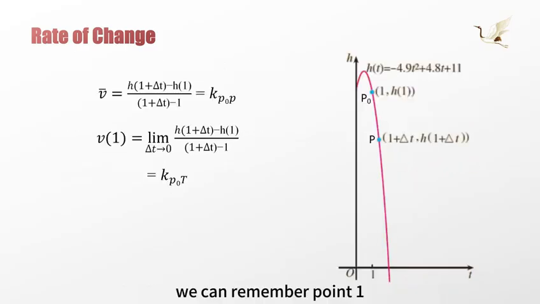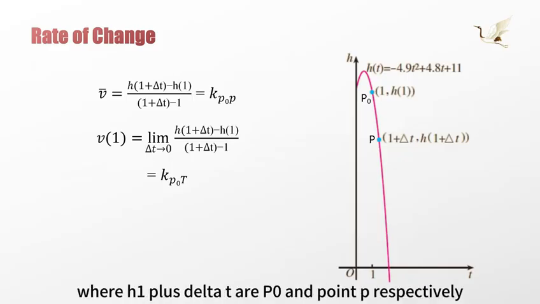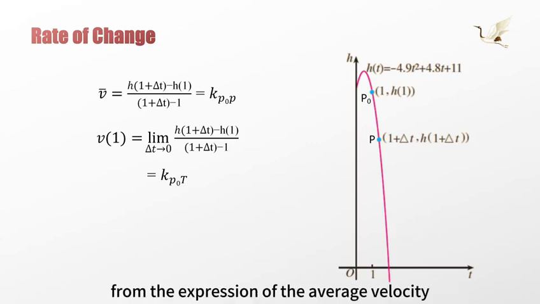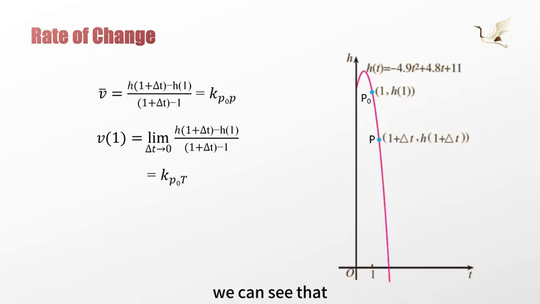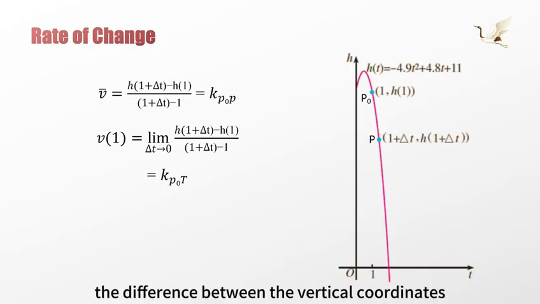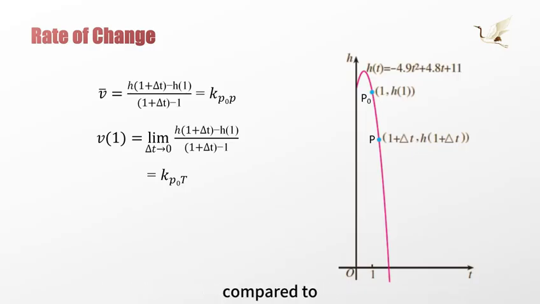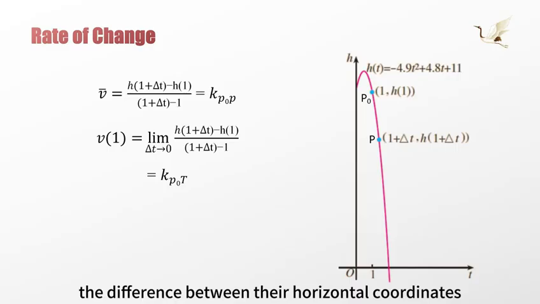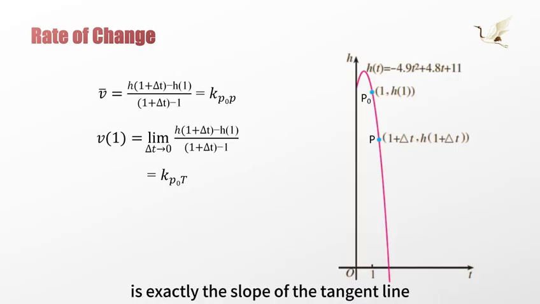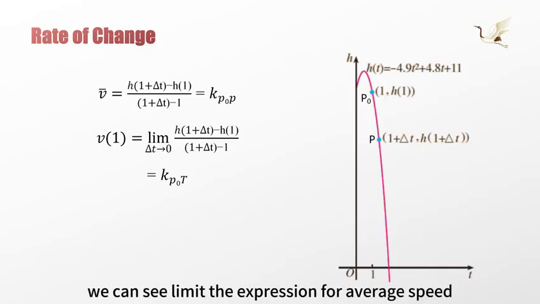We can denote the points (1, h(1)) and (1 + delta t, h(1 + delta t)) as P0 and P, respectively. From the expression of the average velocity, we can see that the difference between the vertical coordinates of points P0 and P divided by the difference between their horizontal coordinates is exactly the slope of the line passing through points P0 and P. From the expression of instantaneous velocity, we can see that it is the limit of the expression for average velocity.